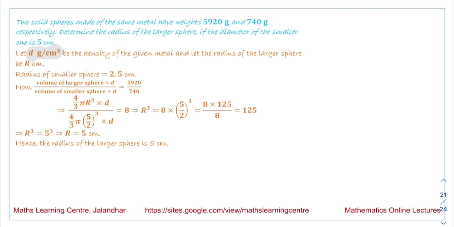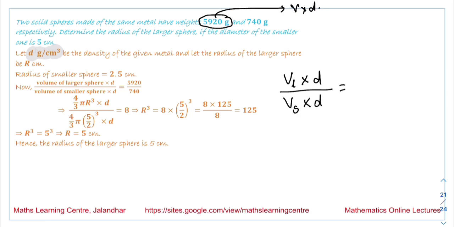Weight is equal to volume into density. So the volume of the larger sphere into density over the volume of the smaller sphere into density is equal to 5920 over 740. These two d's get cancelled.